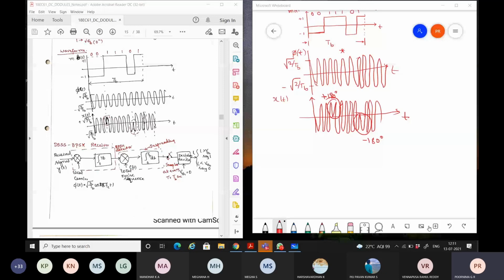As we have already derived, this is equal to half of the complementary error function of root EB by N naught. But for direct sequence spread spectrum, N naught is equal to J into Tc, where J is the average interference noise.